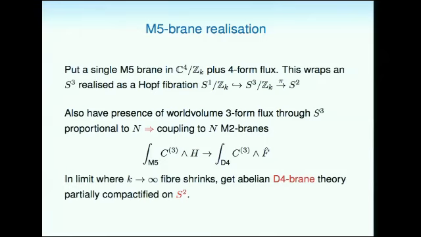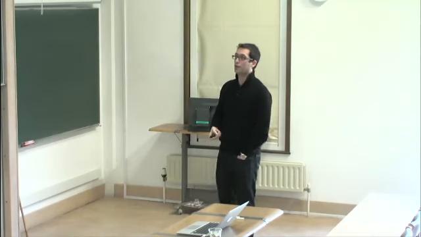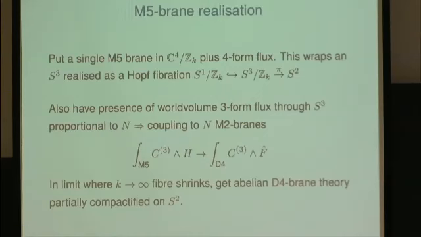So if this H is this 3-form flux proportional to n, you can see immediately that this gives you a coupling to n M2 branes. And if you reduce down to type 2A string theory by taking K to infinity, to n D2 branes. On the other hand, you've got a spherical membrane which of course has tension and it wants to contract under this tension, and the role of the flux that you turn on here through this sphere is basically to stabilize this configuration and give you a static solution.